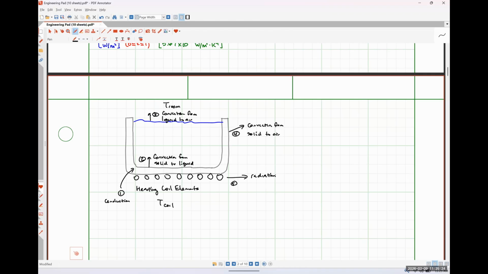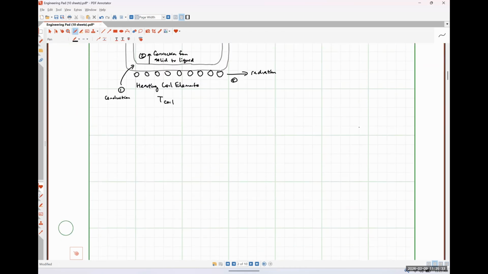So heat transfer occurs whenever a difference in temperature exists or a temperature gradient exists. Okay.